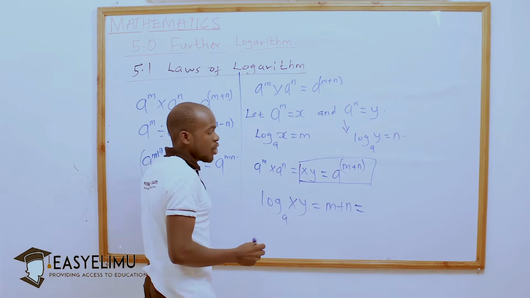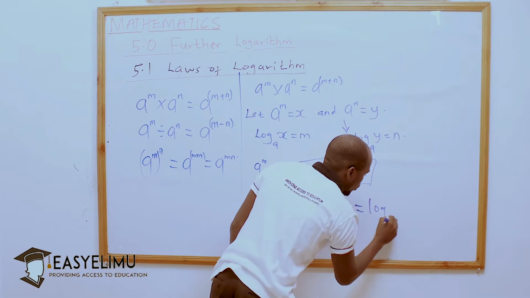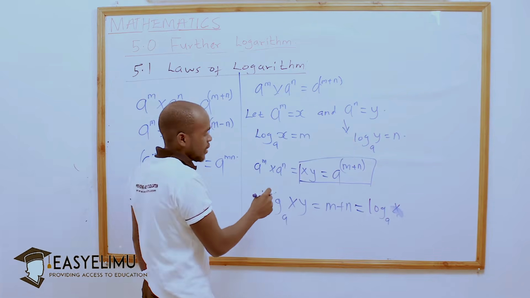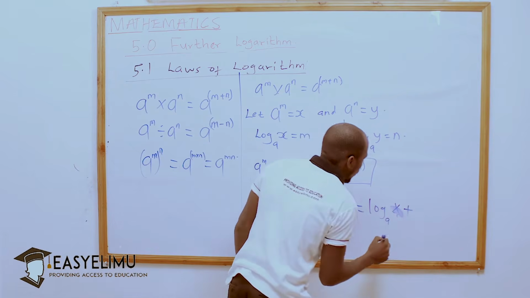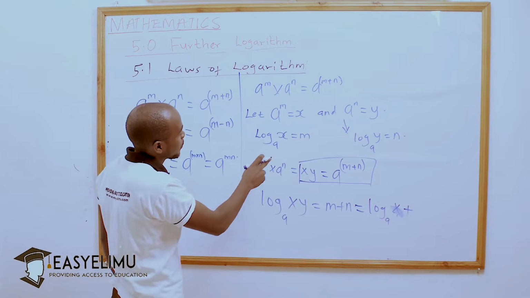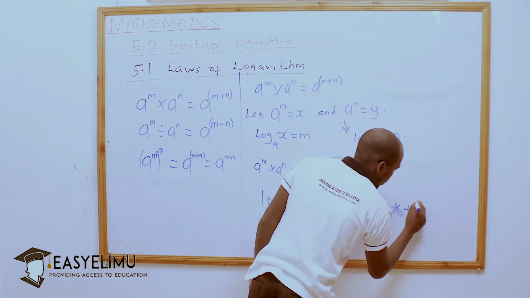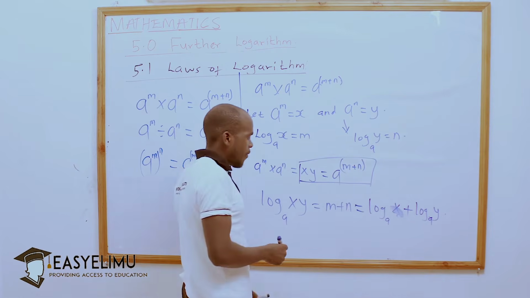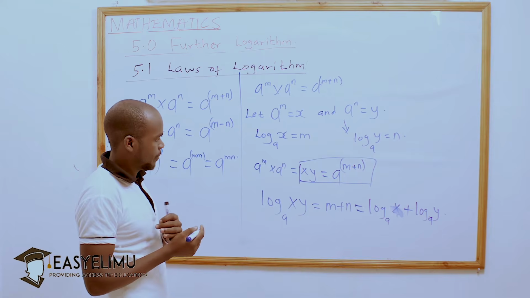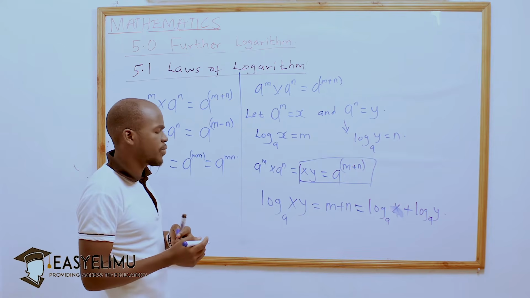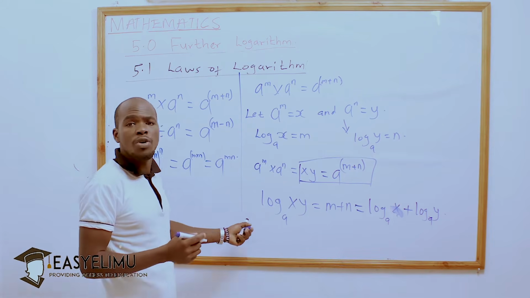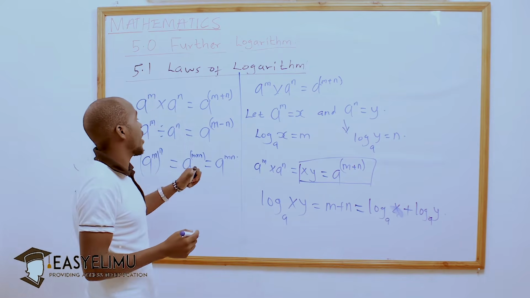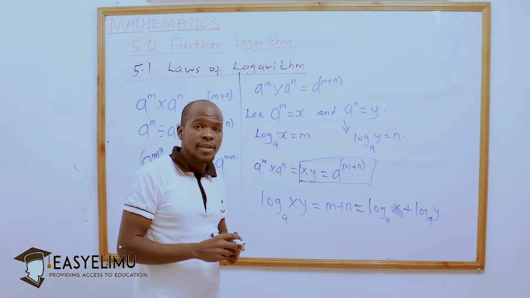So this m will be equal to log the base of a of x, and we add the log to the base of a of y, and we will have found that kind of identity. It has formed something new, which is nice, and we call this a further logarithm law, from a^m multiplied by a^n equals a^(m+n).